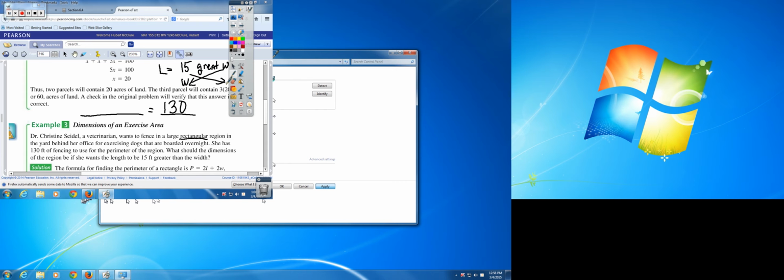It doesn't matter, but W plus 15 is the way you actually set it up. So the length is equal to W plus 15. 2L plus 2W is equal to 130. What are you going to do with this W plus 15 that is equal to L? Plug it in, substitute it in.